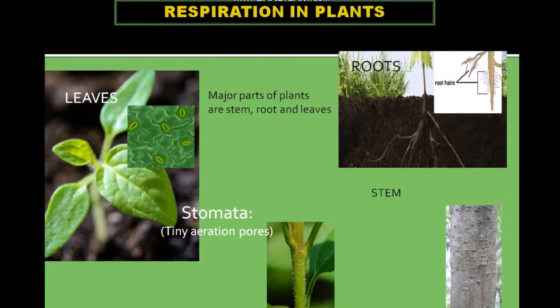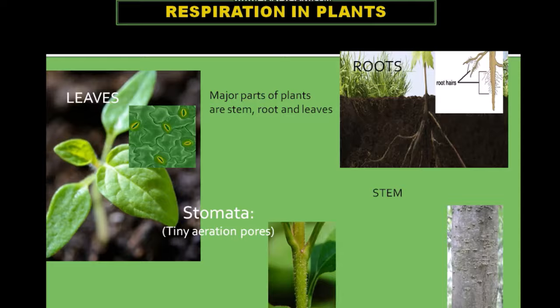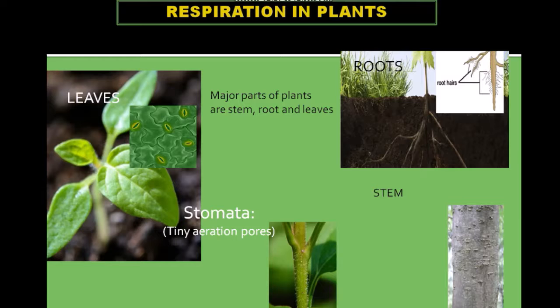Whereas the root, which is growing just below the soil, how does it get oxygen? So, they possess root hairs. With the presence of root hairs, they absorb oxygen, which is available in the soil particles.